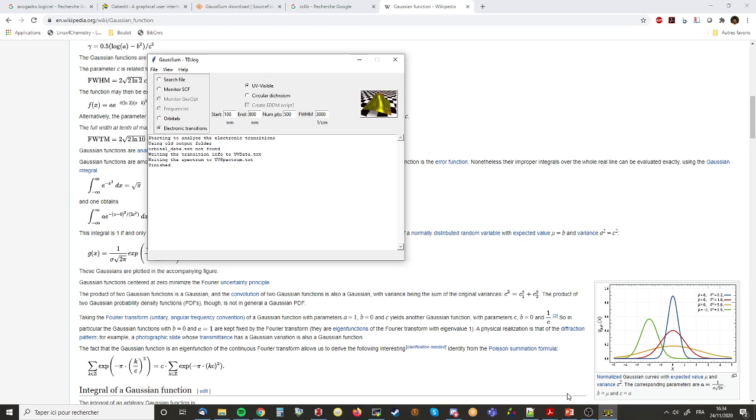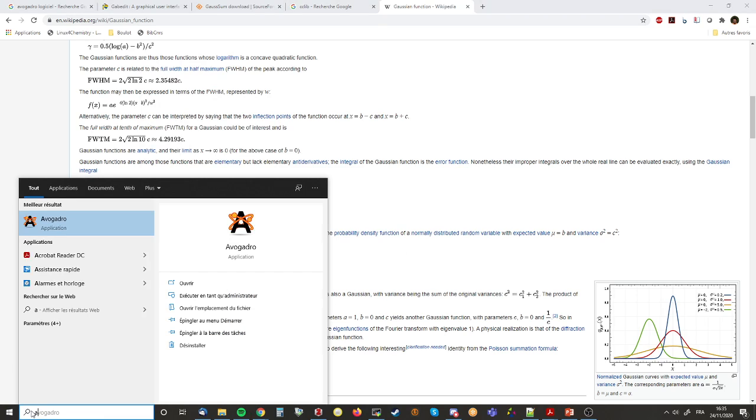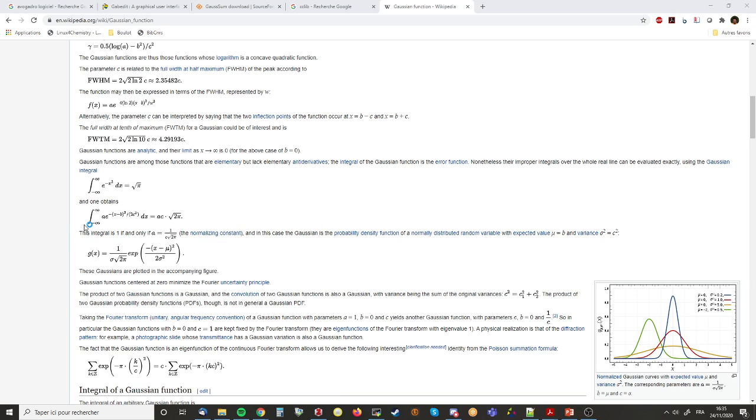So now, officially, you can generate your orbitals. Maybe I can show you one way. I think that I have Avogadro. Yep. So GaussSum works the same.